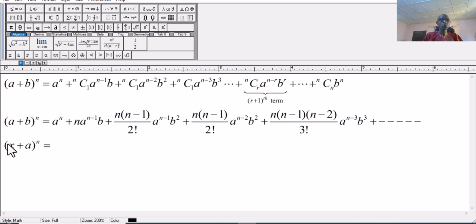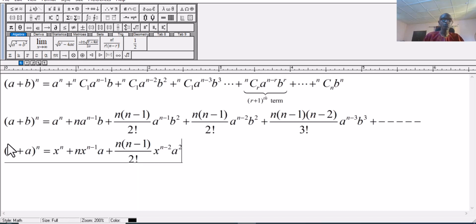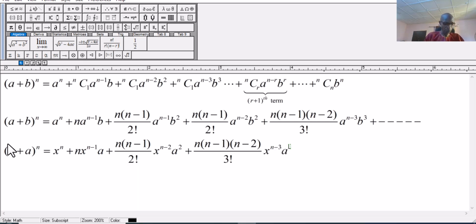So this expansion will be x raised to the power of n, plus n x^(n-1) a, the next one will be n(n-1) over 2 factorial times x^(n-2) a^2, plus n(n-1)(n-2) over 3 factorial times x^(n-3) a^3.